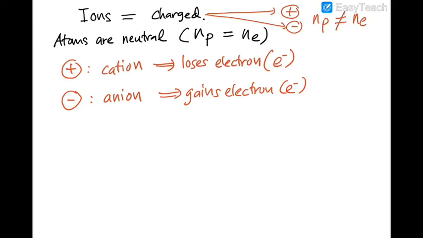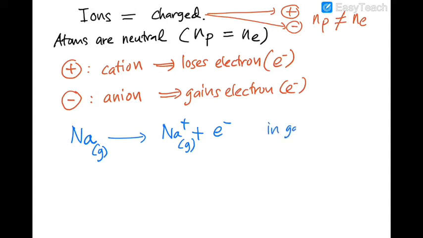Let's take a look at an example. We have, for instance, sodium, Na, from natrium. So sodium can become Na plus while releasing one electron. And normally this occurs in the gas phase.